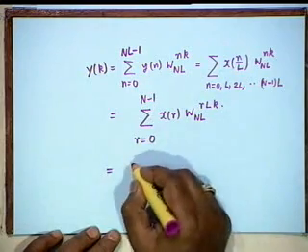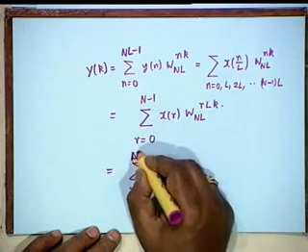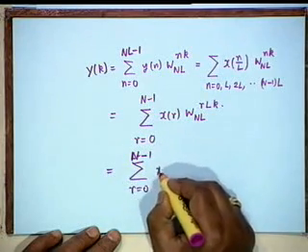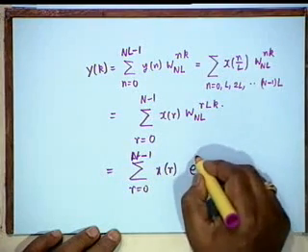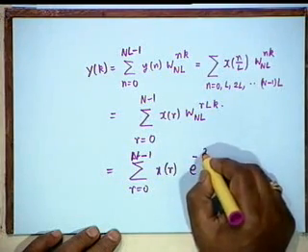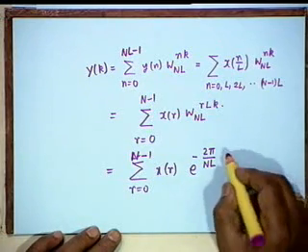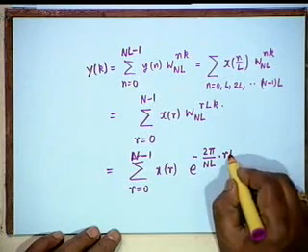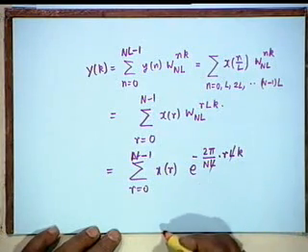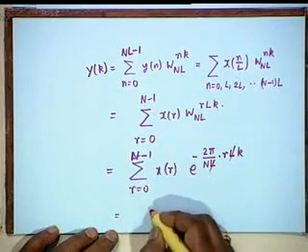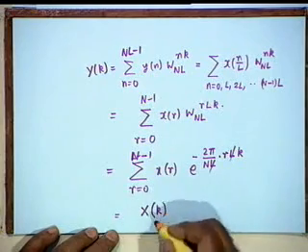That is equal to summation R equal to 0 to N minus 1 x of R. Now, W NL is e to the power minus j 2 pi by NL, then R L k. So, L and L cancel, and isn't this precisely X of k?